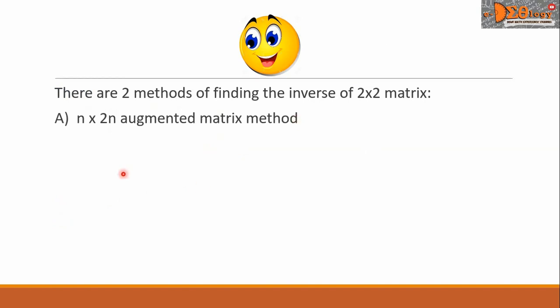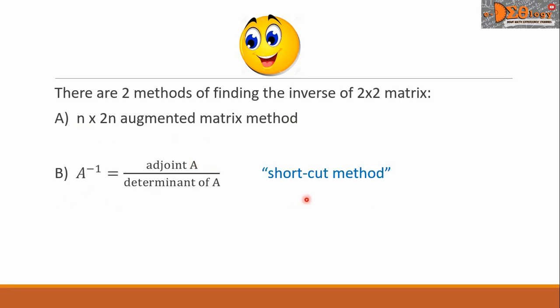The first method is the n by 2n augmented matrix method. The second method is this formula: A inverse is equal to adjoint A over determinant of A. This method B is sometimes called the shortcut method.